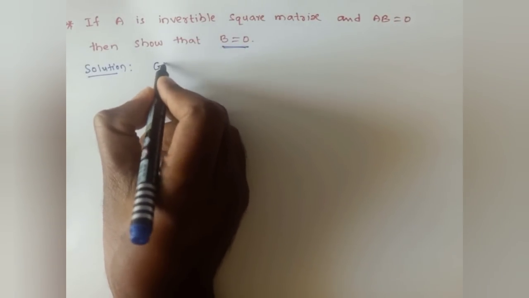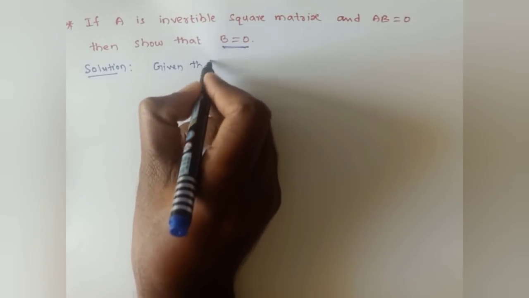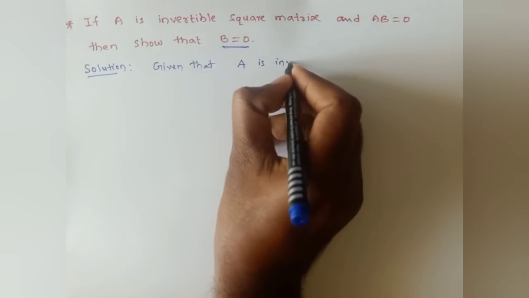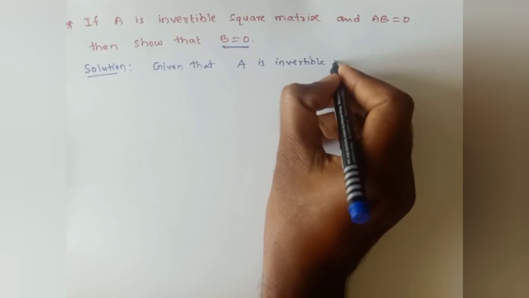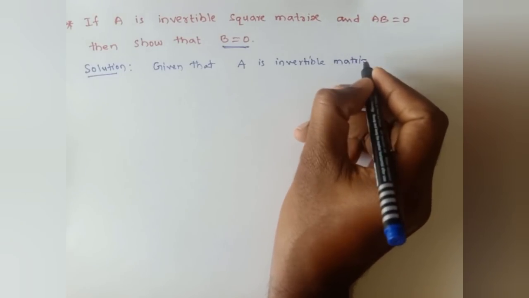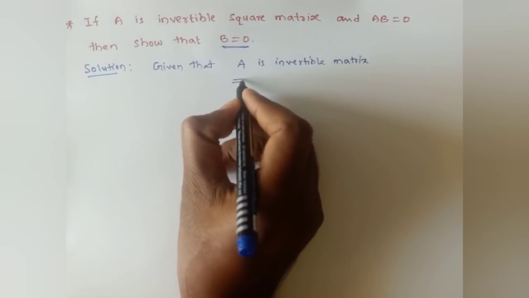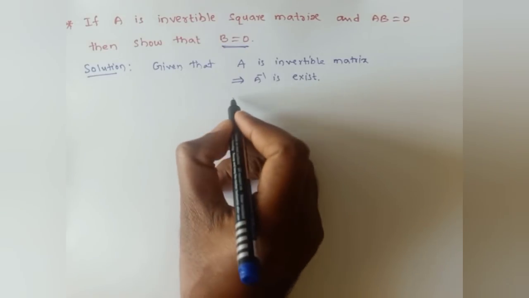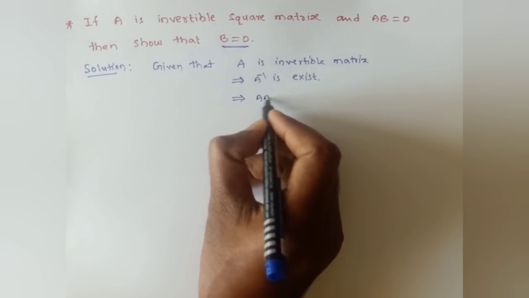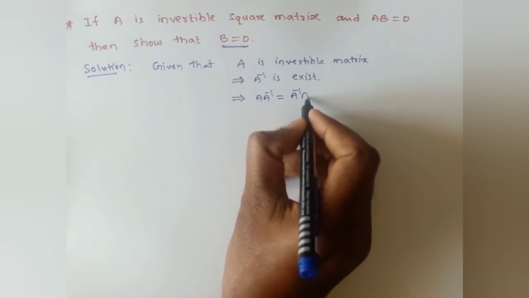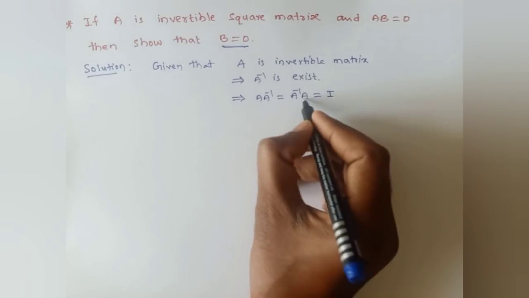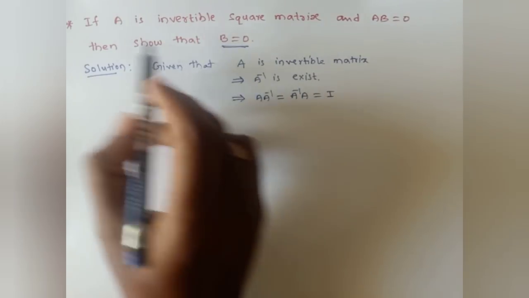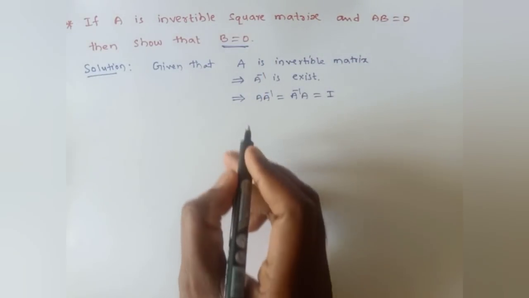Here what is given? A is an invertible matrix. That means A inverse exists. If A inverse exists, then by definition A into A inverse, or A inverse into A, gives the identity matrix with the same order. If it is 2 by 2 then we get 2 by 2, if 3 by 3 then 3 by 3. So here A is any square matrix of order n.